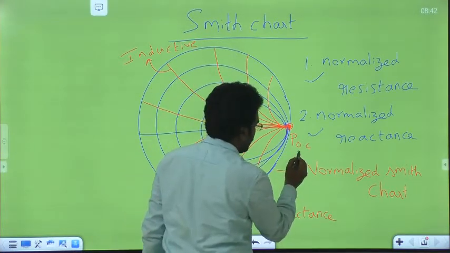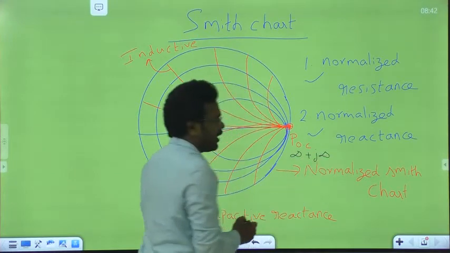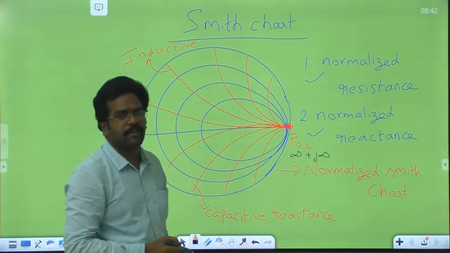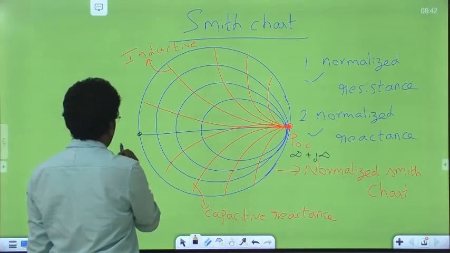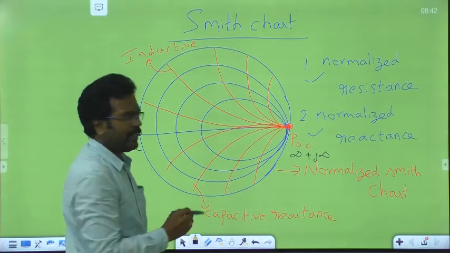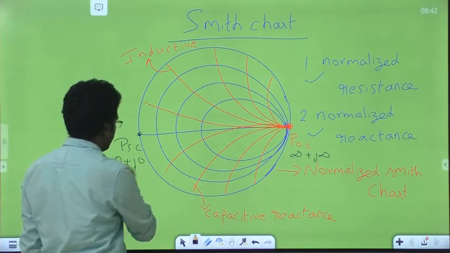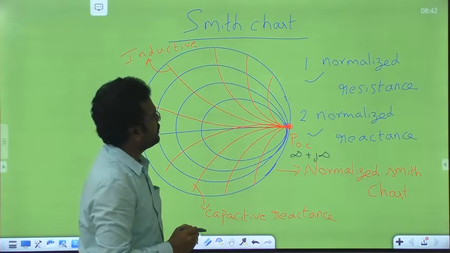It is infinity plus j infinity. Resistance is infinity and reactance is infinity. And this point is called PSC, the short circuit point. What is the impedance? 0 plus j0. Okay, this is the first point.